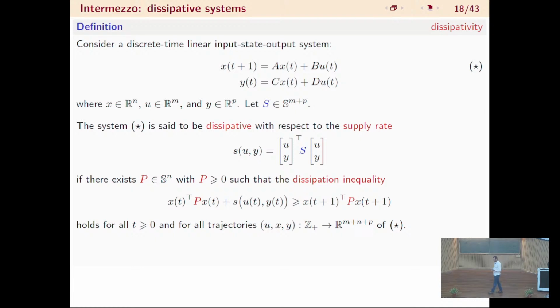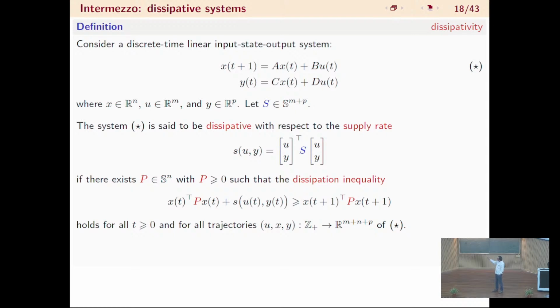Every circuit containing resistors, inductors, capacitors, transformers, gyrators, and so on is passive in this sense, dissipative in this sense with respect to a certain supply rate. And in 1972, Jan Willems wrote a paper called Dissipative Dynamical Systems. It has two parts. So it is like how many years ago? 53 years ago.